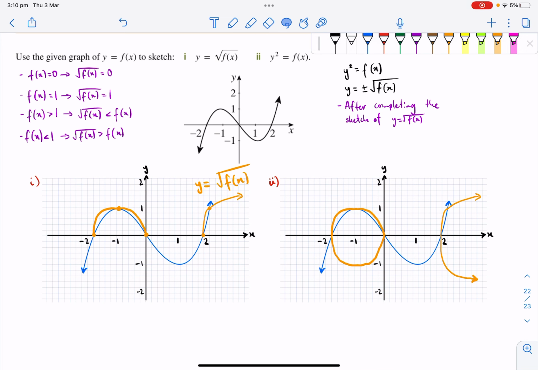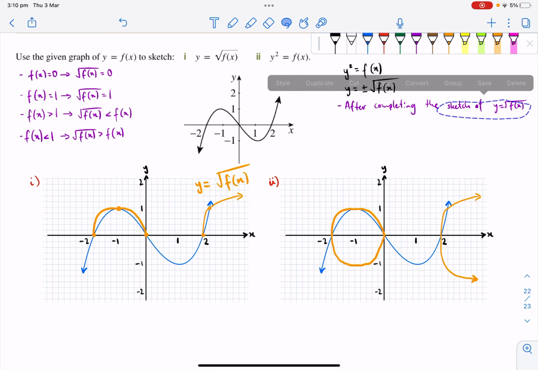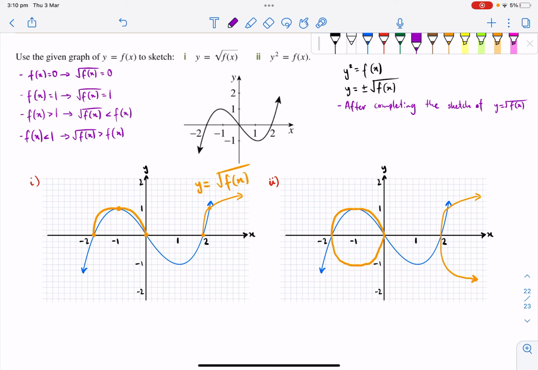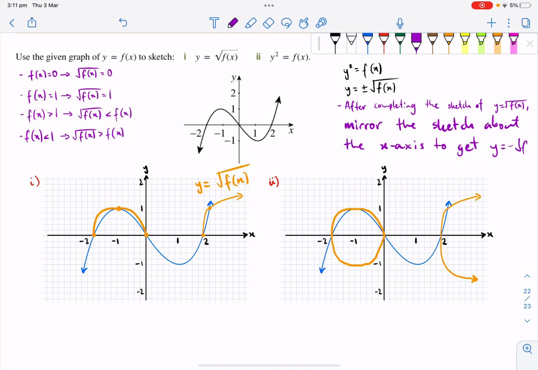So after completing the sketch of y equals square root f(x), mirror the sketch about the x-axis to get y equals negative square root f(x).